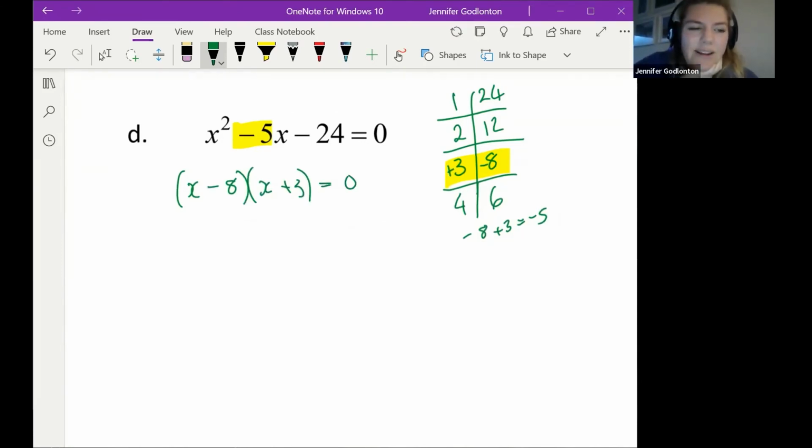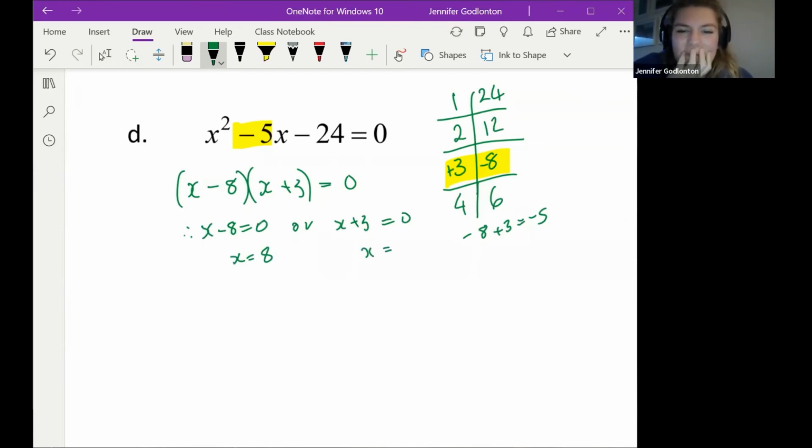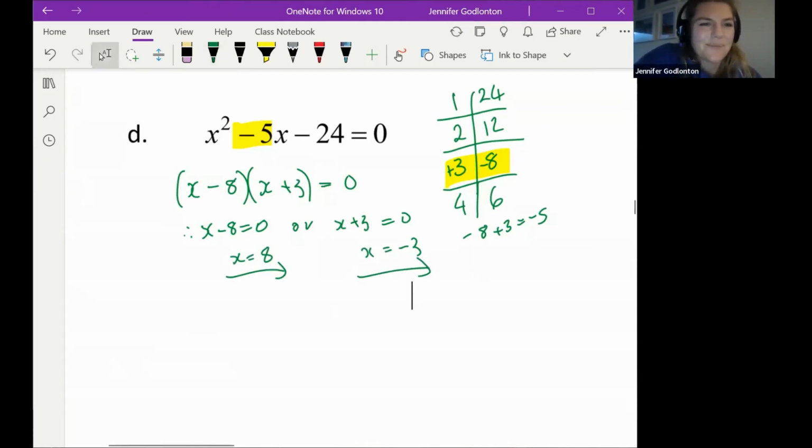Beautiful. x minus 8 equals 0, or x plus 3 equals 0. Therefore, your two answers are x equals 8 and x equals -3. 100%. Nice. Well done, well done, well done.